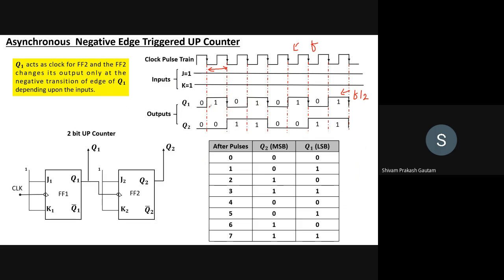Now for this, the time period has increased. If the time period is increasing, that means frequency is going down, because time period is equal to 1 by frequency. So if the frequency of the clock is f, the frequency of the output of Q1 has become f by 2, and the frequency of this has become f by 8. So on and so forth, it will go on decreasing.